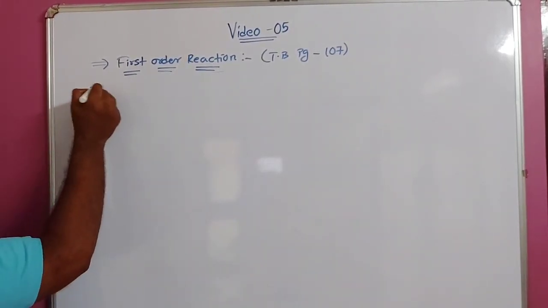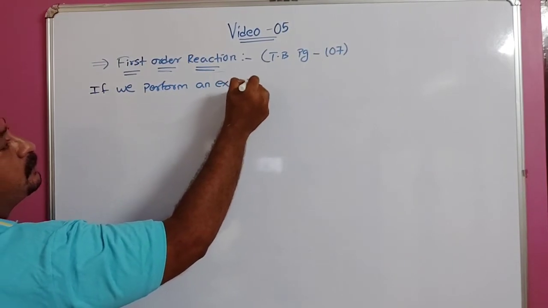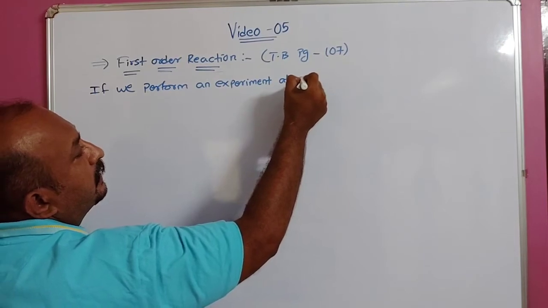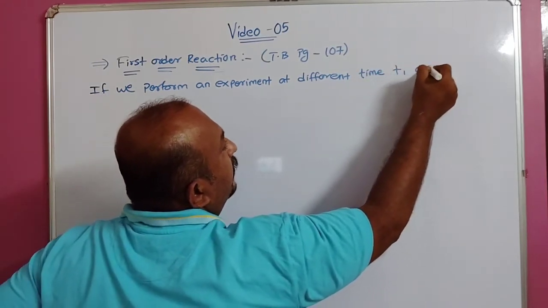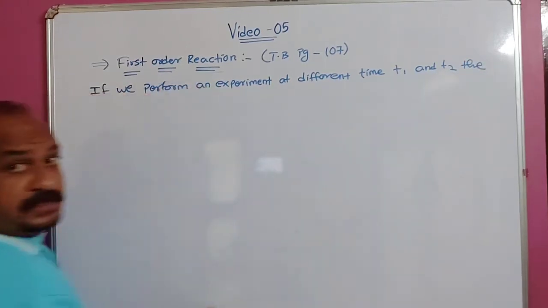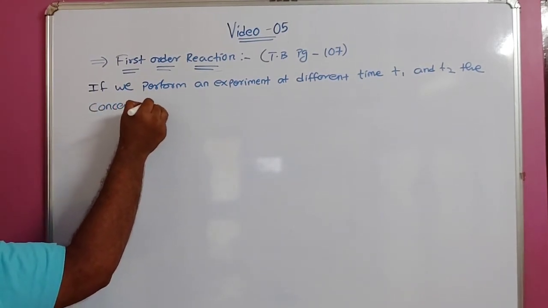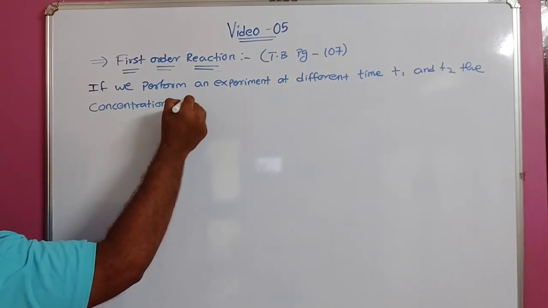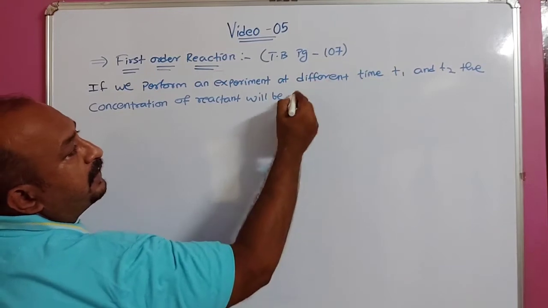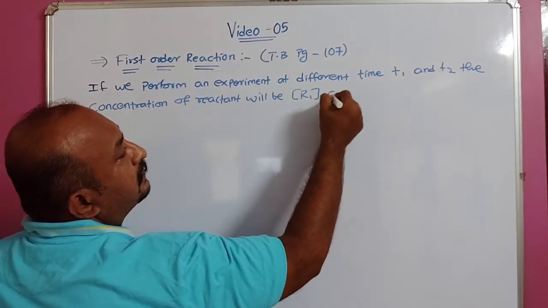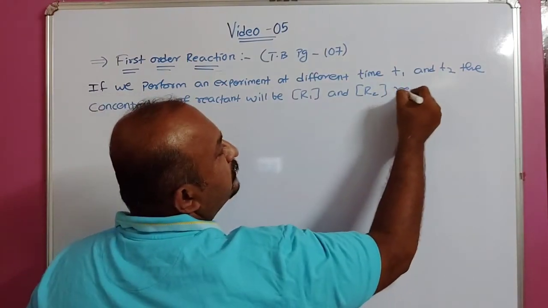So if we perform an experiment at different times T1 and T2, the concentration of reactant will be R1 at time T1, and R2 at time T2. Will be R1 and R2 respectively.